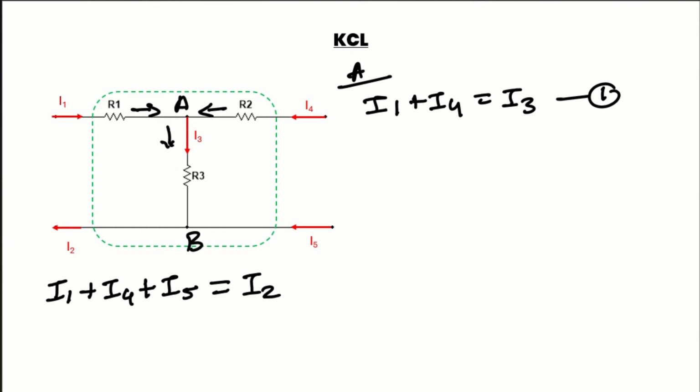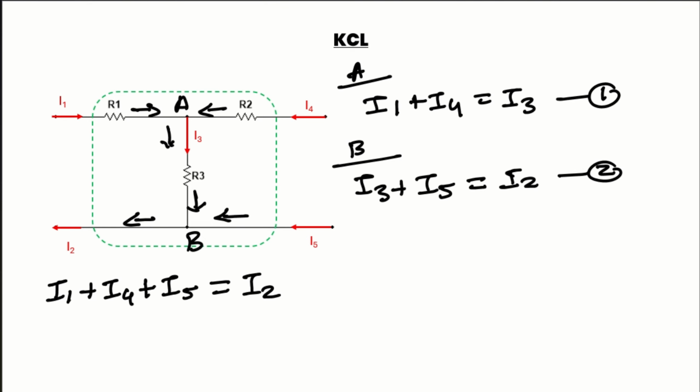This is the first equation. At junction B, I3 and I5 are coming towards the junction. So I3 plus I5 coming toward the junction is equal to I2, which is going out from the junction.